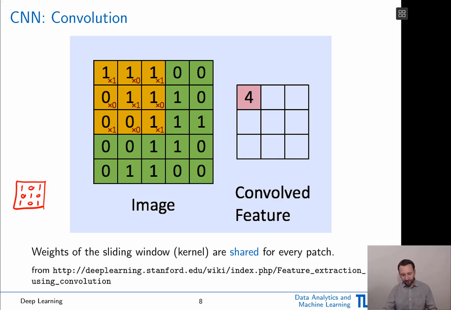If we put this kernel at this position, and let's say this is an image which has pixel values 1, 1, 1, 0, 0, and so on and so forth, then we are multiplying these corresponding values: 1 with 1, 1 with 0, 1 with 1, and so on. We sum it up, and this leads to the value of 4. So this kernel is put above this patch, and then we get as an output the convolved feature, so to say.